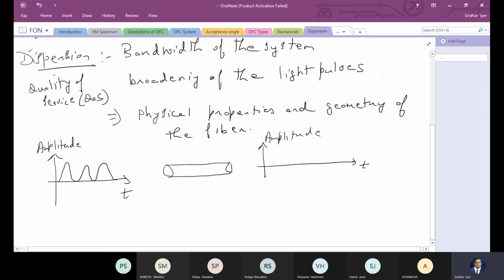The first, let me denote these signals. This is let's say signal 1, this is signal 2, and this is signal 3. Then because of having traveled a certain distance, the first signal becomes something like this, and it starts interfering with the second signal, which interferes with the third signal. And this interference here, which I am now shading, is your dispersion, is the dispersion.